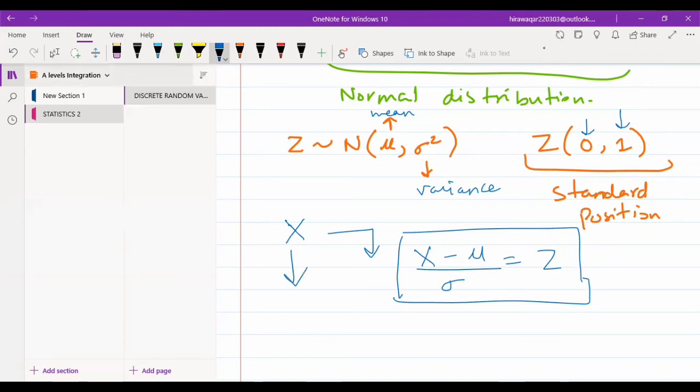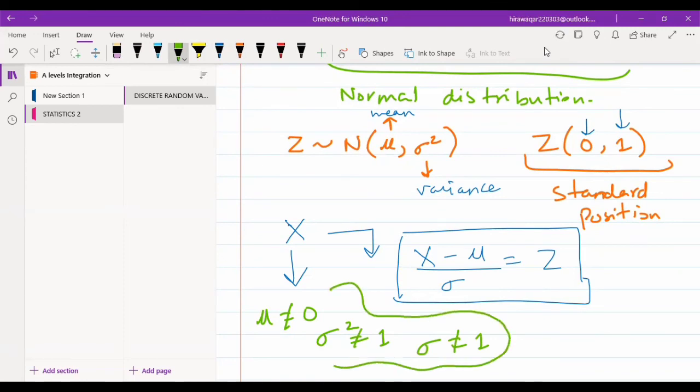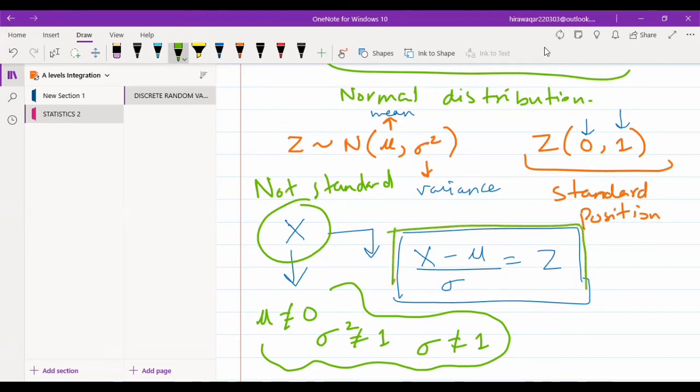Because in this x value, the mean is not equal to 0 and the variance is also not equal to 1 and the standard deviation is also not equal to 1. So these things show you that you are not at standard. To make it standard, you need to use this formula.